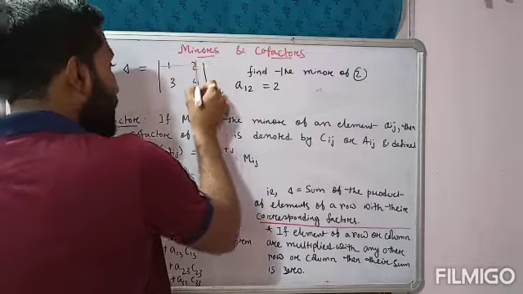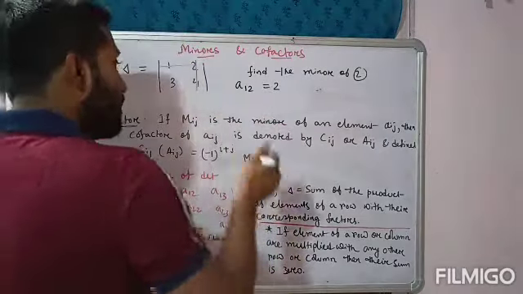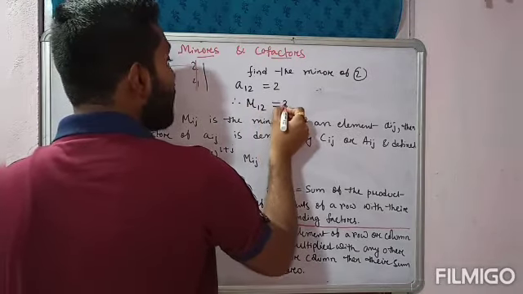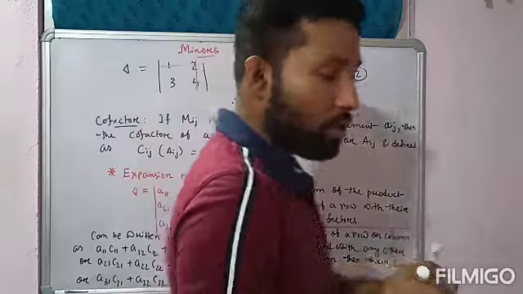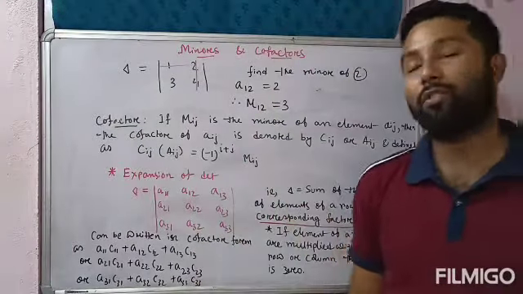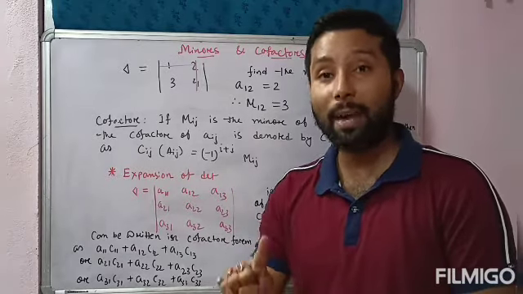If I delete that, what will remain? Only element 3. Therefore we can write M12 is equal to 3, which means the minor of the element 2 is equal to 3.